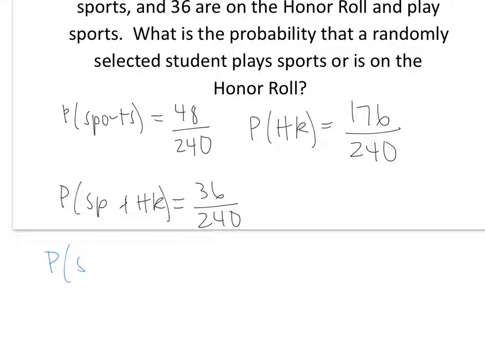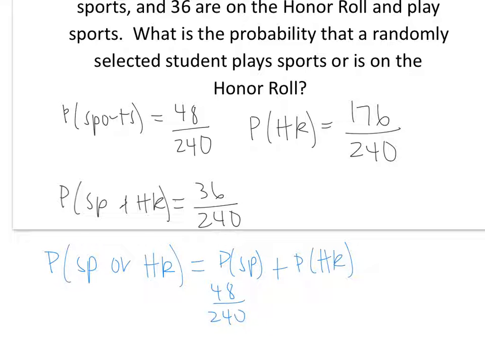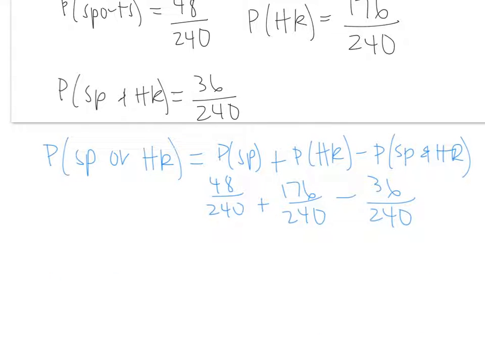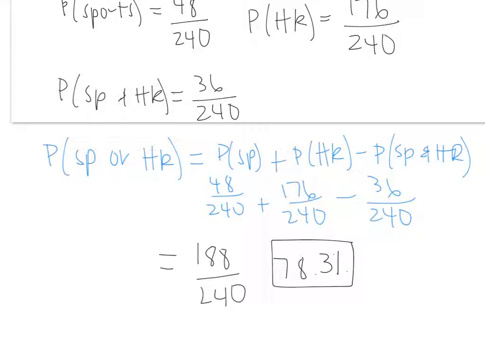So the probability of sports or honor roll would be the probability that they play sports, which would be 48 out of 240, plus the probability that they are on the honor roll, which would be 176 out of 240, subtracting the probability that they do both, so sports and honor roll, so minus 36 over 240, which comes out to be 188 over 240, which is 78.3%.